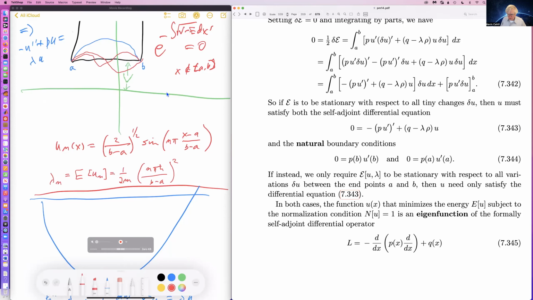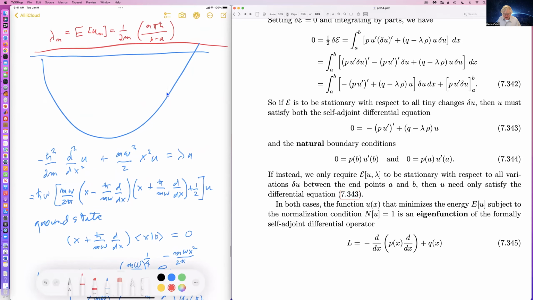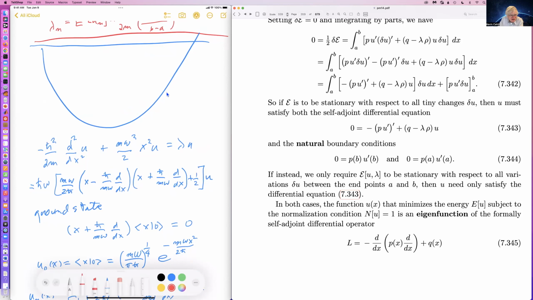Another example, which we were just talking about, was the harmonic oscillator. And I think maybe I'll say a few words again about the harmonic oscillator. It's really the archetypical system of physics, at least bosonic physics.